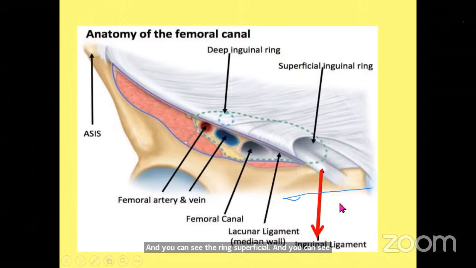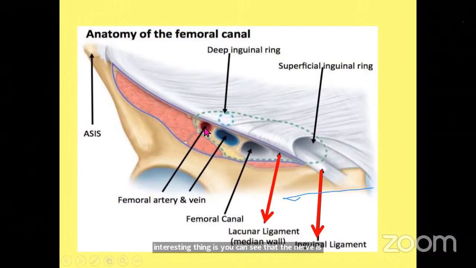Now, the structures they usually ask to identify: first you can get a pointer at the inguinal ligament. Then one of the favorite questions is the lacunar ligament, which forms the medial wall of the femoral canal. The femoral sheath has three compartments, and one interesting thing is that the nerve is outside the femoral sheath.